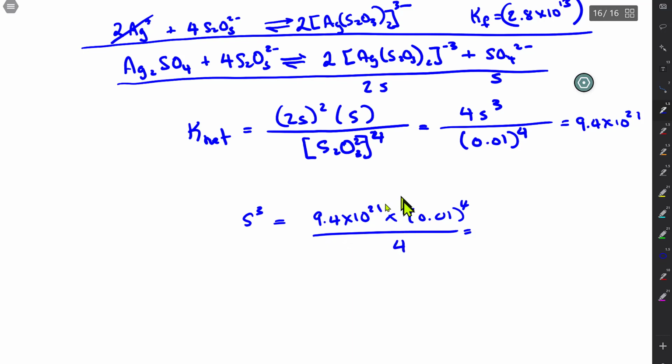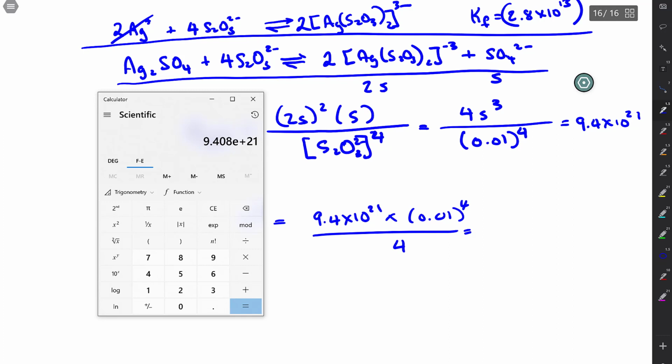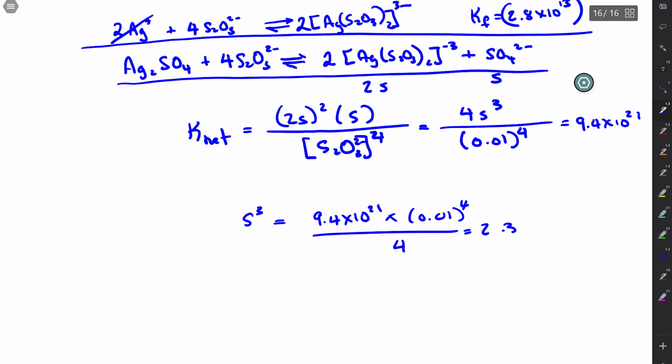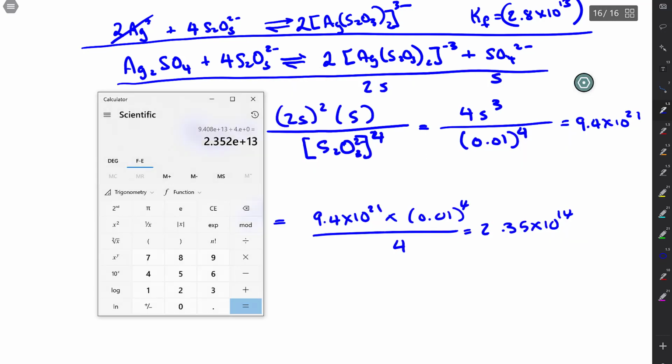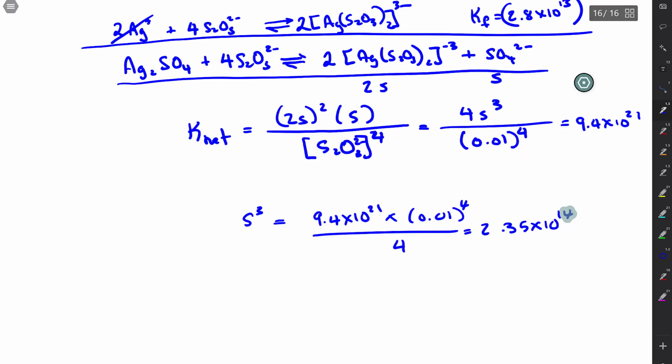So let's go ahead and do that. That becomes 2.35 times 10 to the 13th, sorry, 13th.